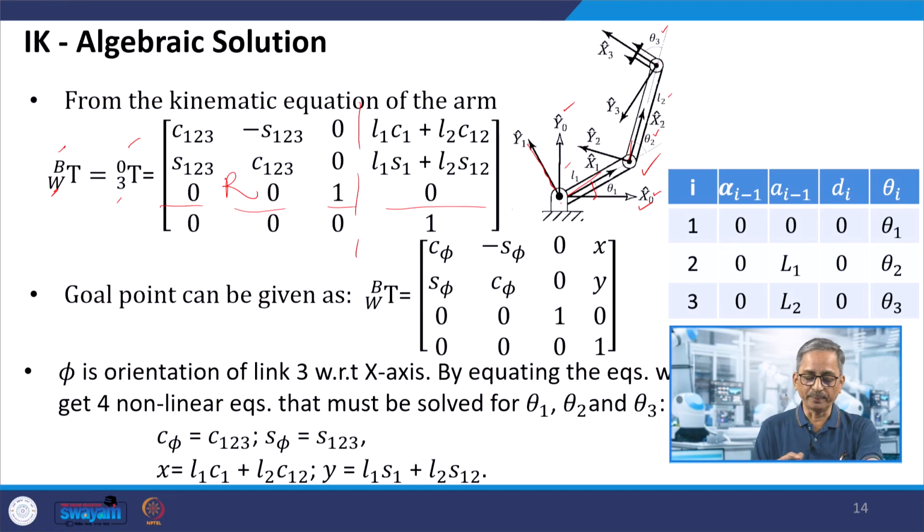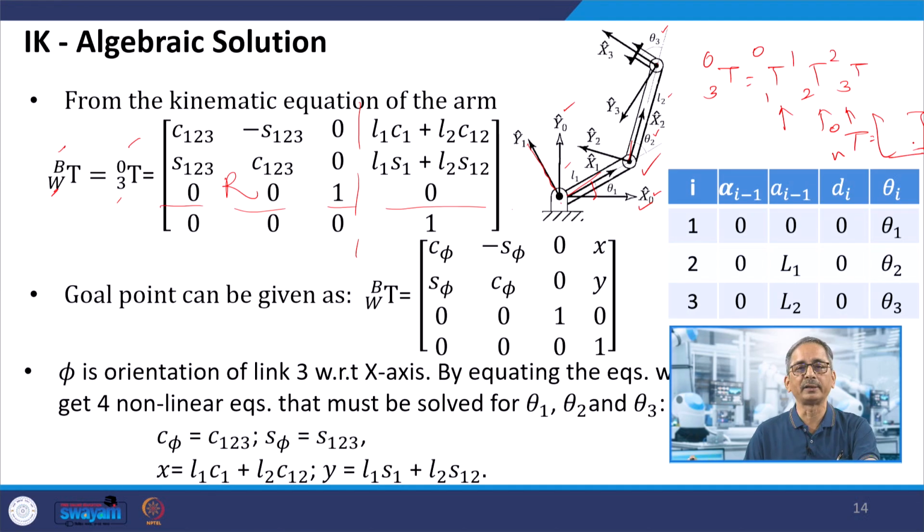Alright. So, this is what I get by simple multiplication of the transformations T 3 2, T 2 1 and T 1 0. And I can get these transformations using the transformation matrix T n 0. This expression we have already seen, and we can put in these values from this DH table.